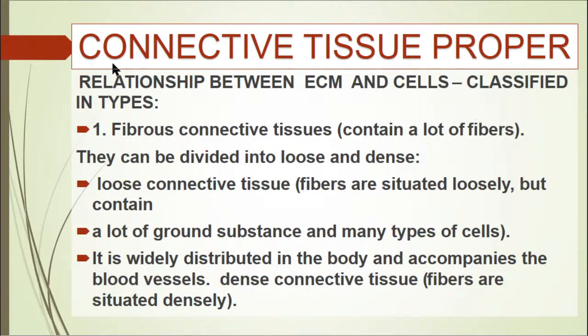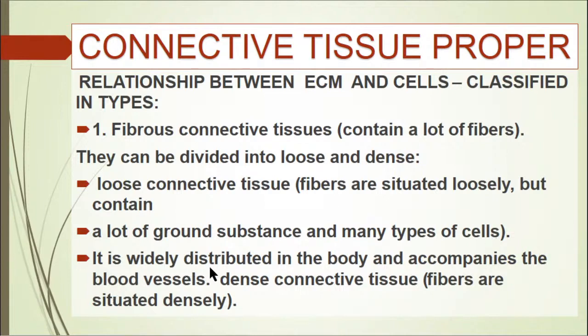And we have to classify it as fibrous connective tissue, and all the others are characterized by special organization. For example, fibrous connective tissue contains a lot of fibers. They can be divided into loose and dense. In loose connective tissue, the fibers are situated loosely but it contains a lot of ground substance and many types of cells.